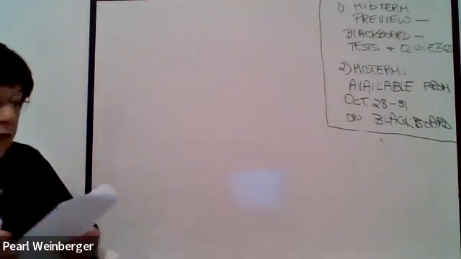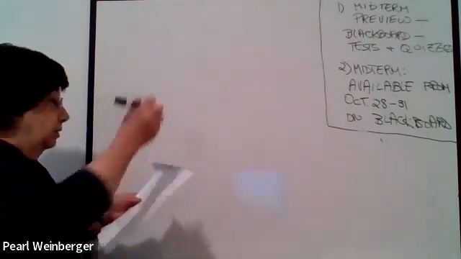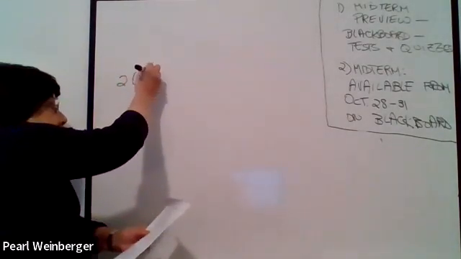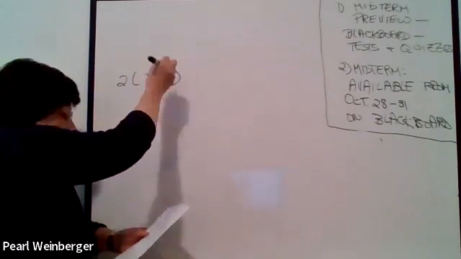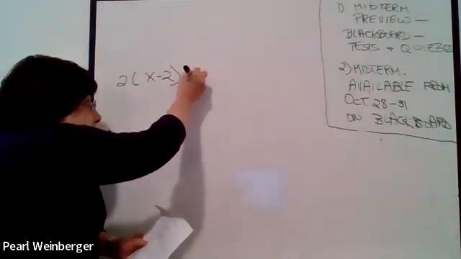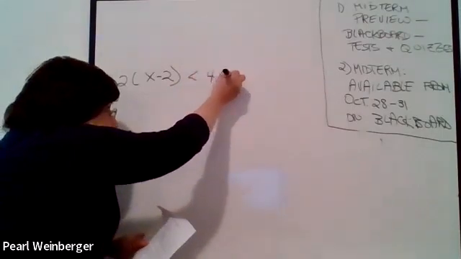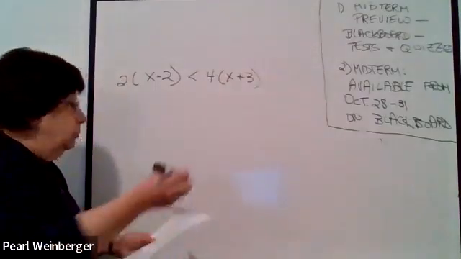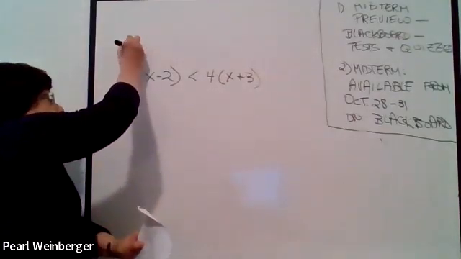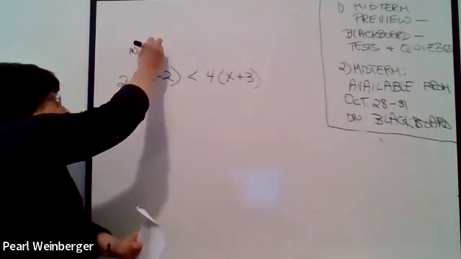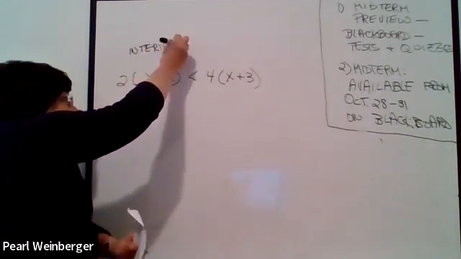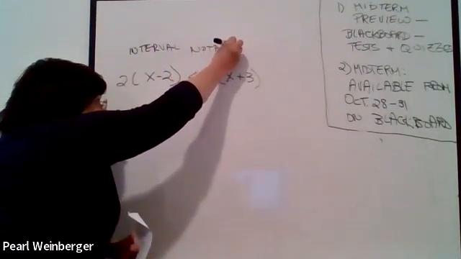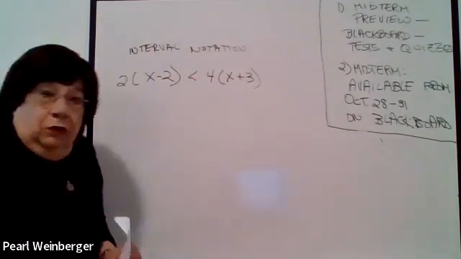Suppose I gave you an inequality that looks like this: 2 times x minus 2 is less than 4 times x plus 3. And I want you to write the solution in interval notation. I'm going to give you a couple minutes to try this one.